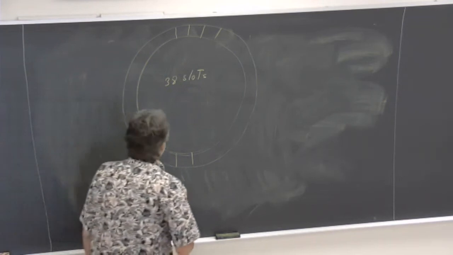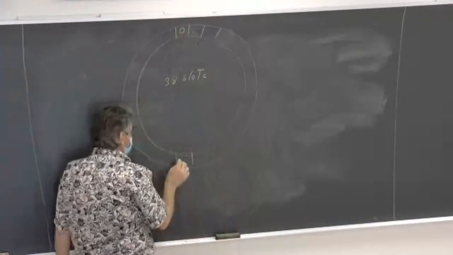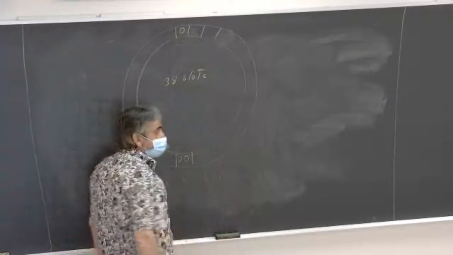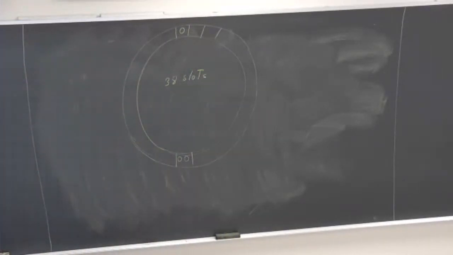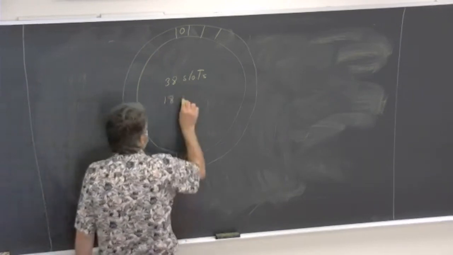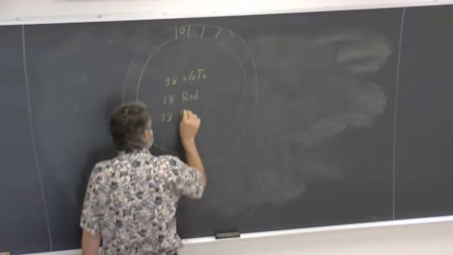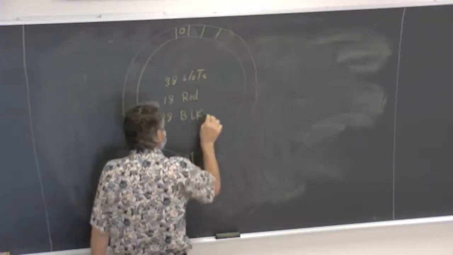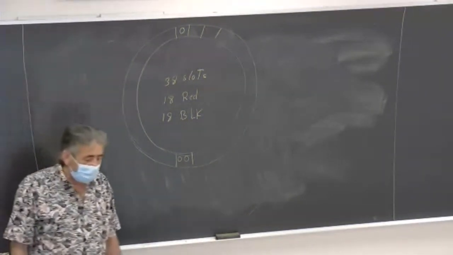And two of those slots, let's say this one, has a mark of 0, the other one has double zeros. The rest of the slots are 18, say red, and 18 black. So we have 18 red and 18 black.